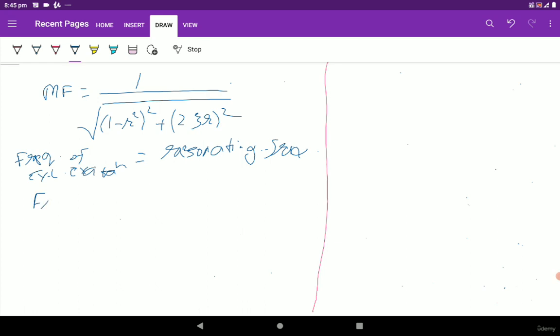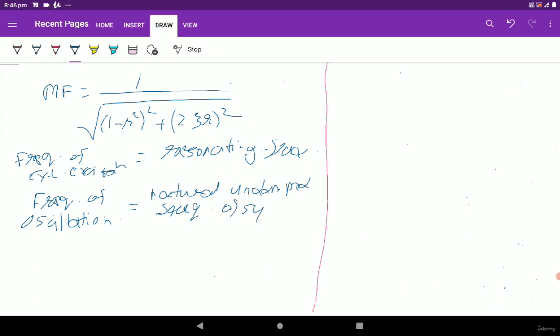So the frequency of oscillation is equal to the natural undamped frequency of the system, which is the case of resonance.